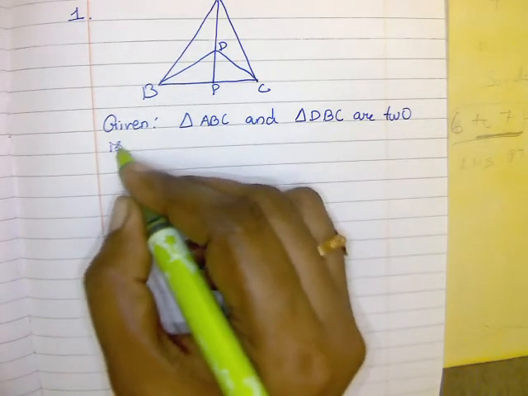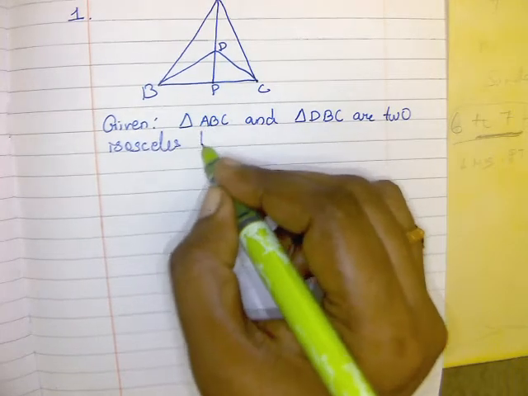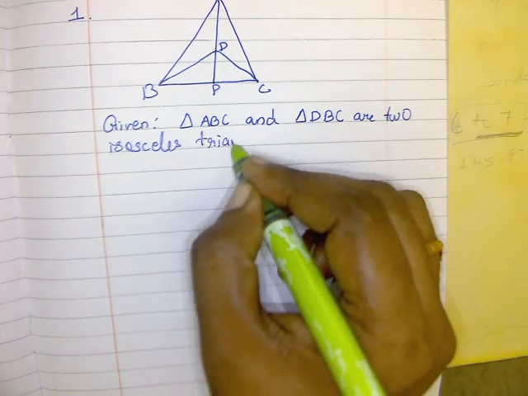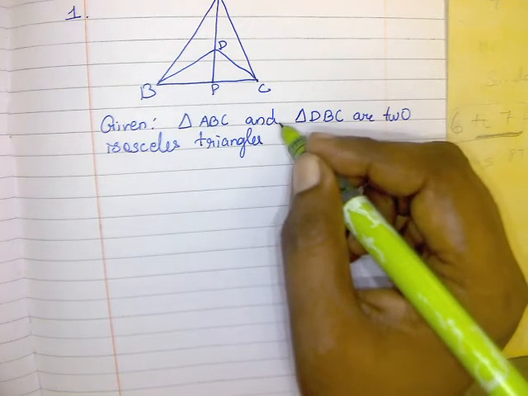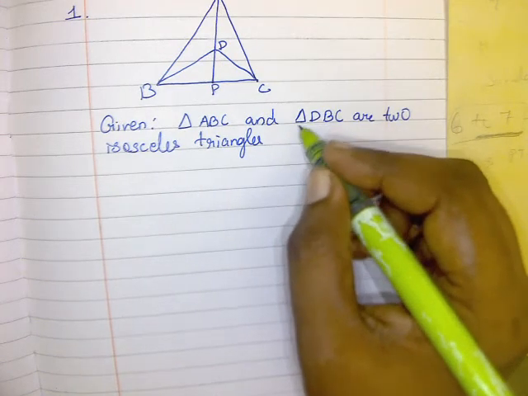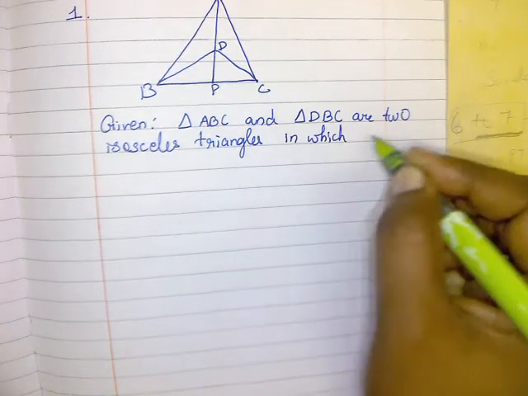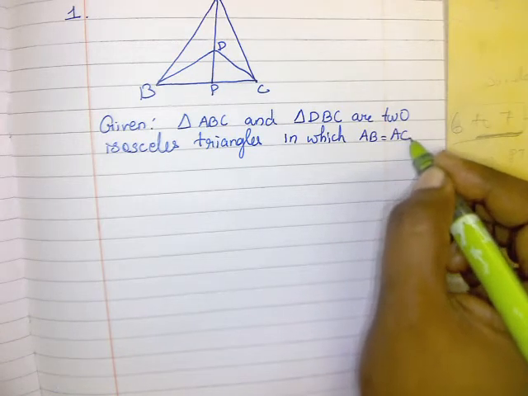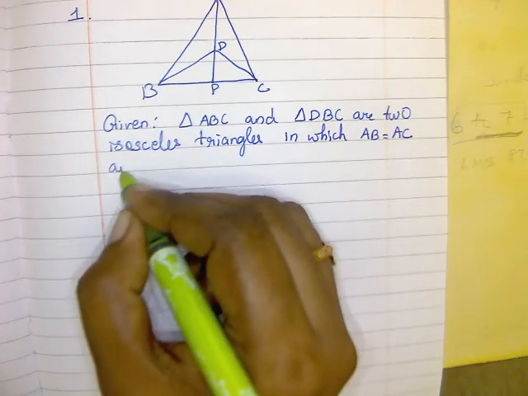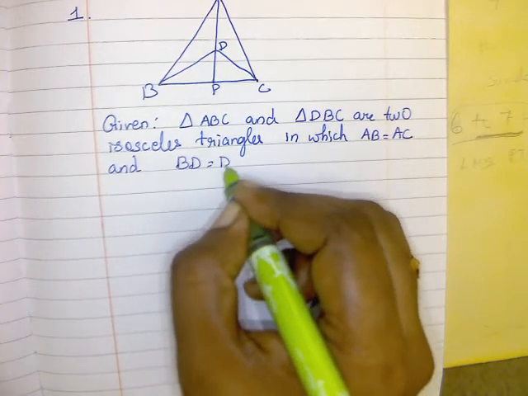Okay, right? If it is two isosceles triangles, you know that sides are equal, in which AB is equal to AC and BD is equal to DC.